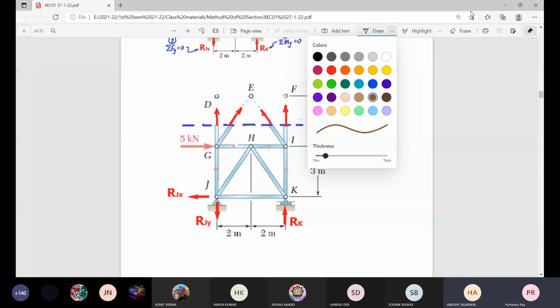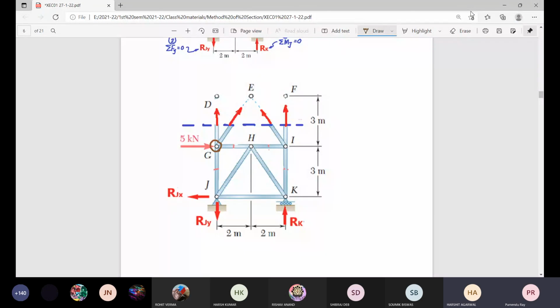if we consider this point G as moment center, how many forces are eliminated for the members DG and EG? But two are remaining unknown, this one and this one. Similarly, if we go for this moment center I, this is eliminated, but these two are remaining as unknown.